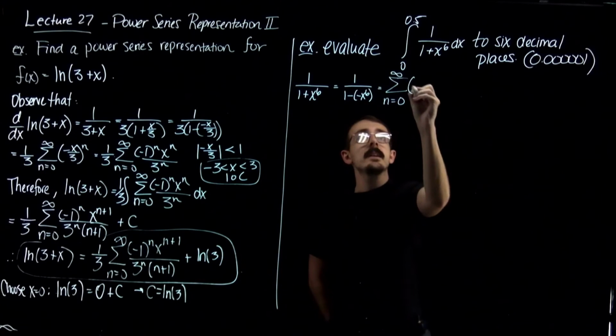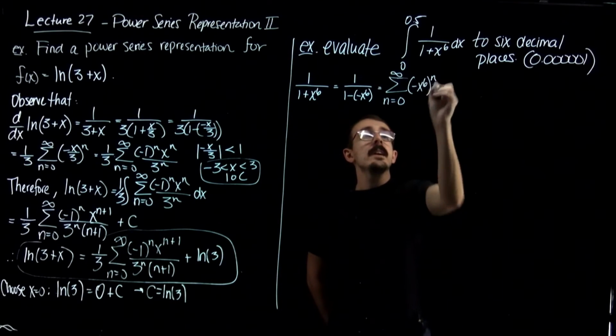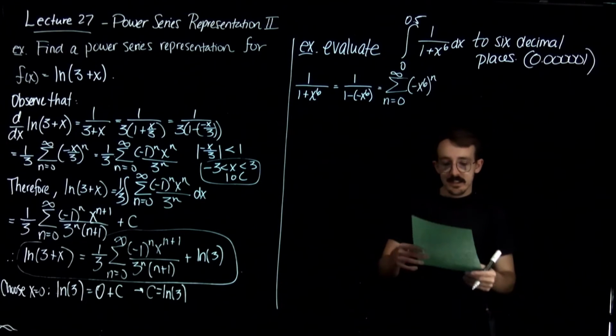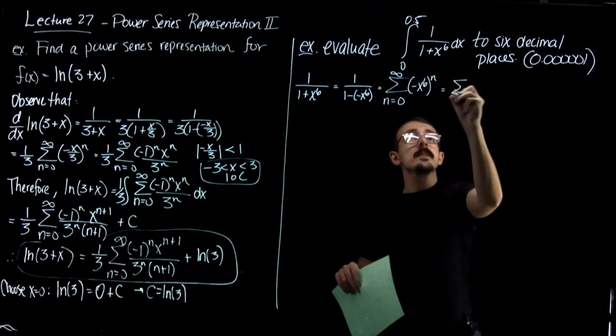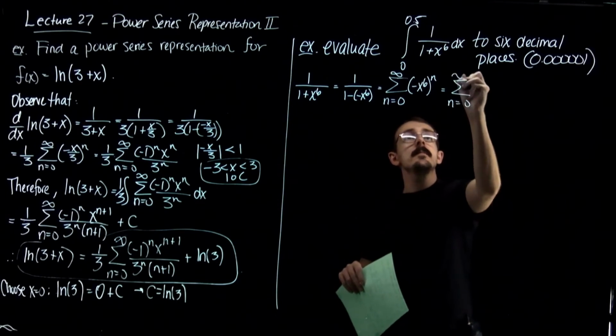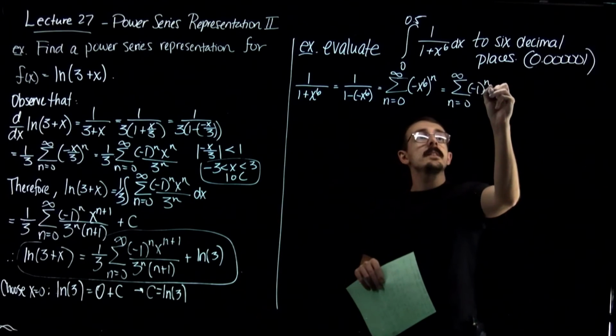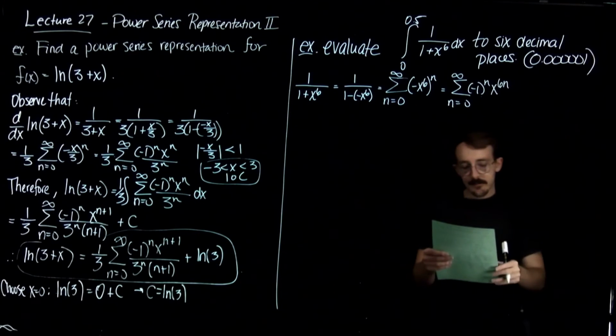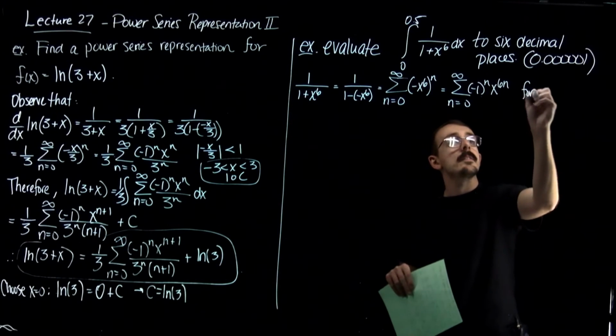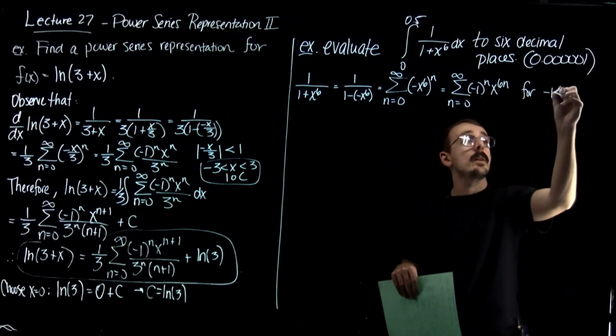And this time I'm plugging in negative x to the 6th to the n. And if I break that up like I usually do, this is n equals 0 to infinity, negative 1 to the n, x to the 6n, if I multiply those together. And this is valid. Its interval of convergence is for negative 1 to 1.